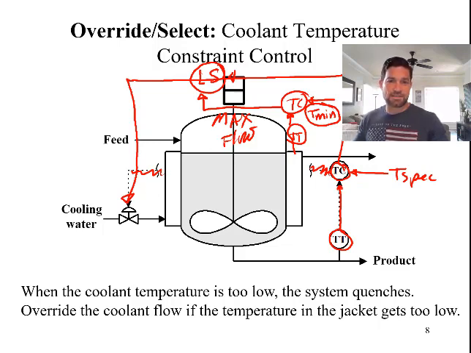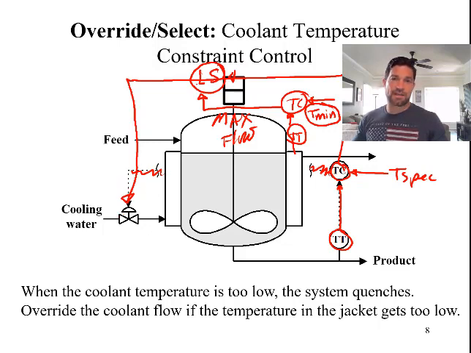Okay, so this is the theory that you can think about in order to decide between low and high select control. If we're going to review select control, we have two control loops. We have one control loop for our primary control objective and a control loop for our secondary objective. We have both of those going to a select controller, and then that select controller changes the coolant water flow.